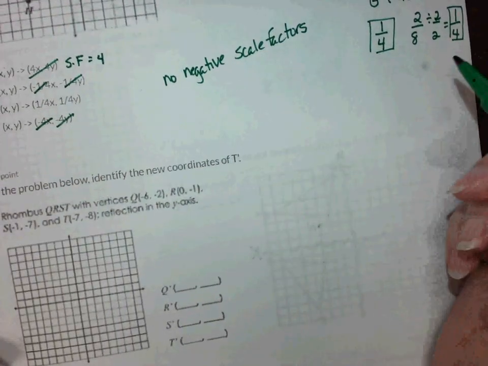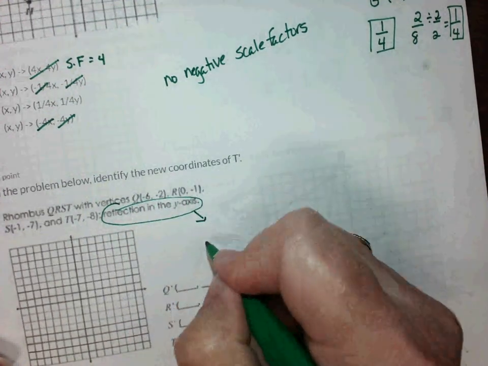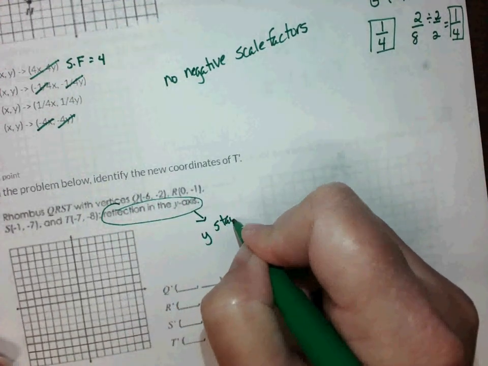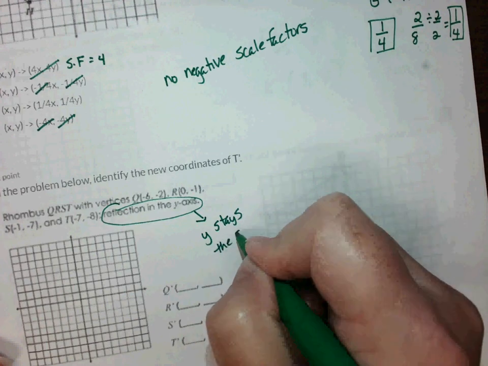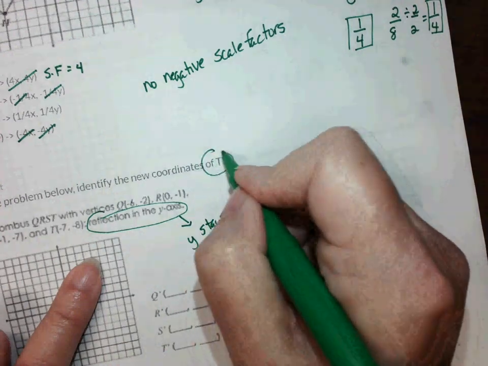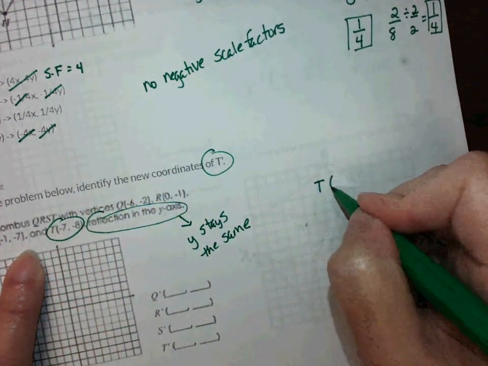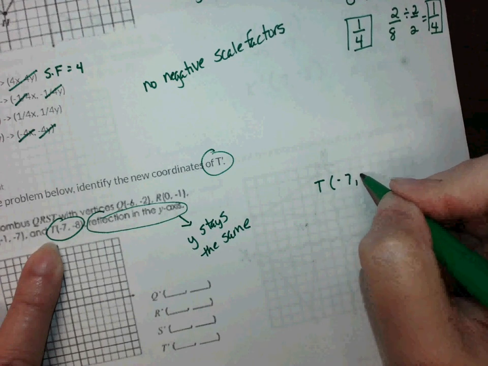All right, we've got a reflection over the y-axis. That means the y stays the same. So focus in on point T. T is at -7, -8.